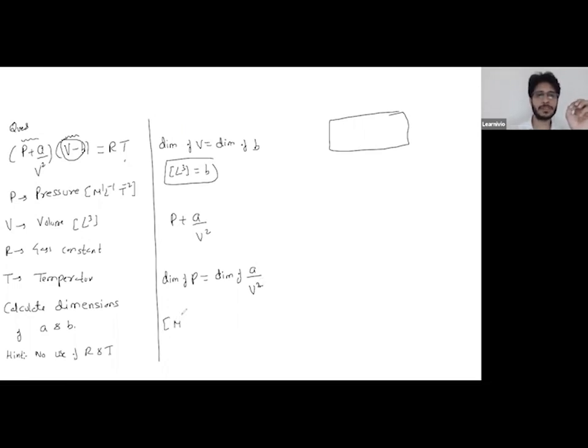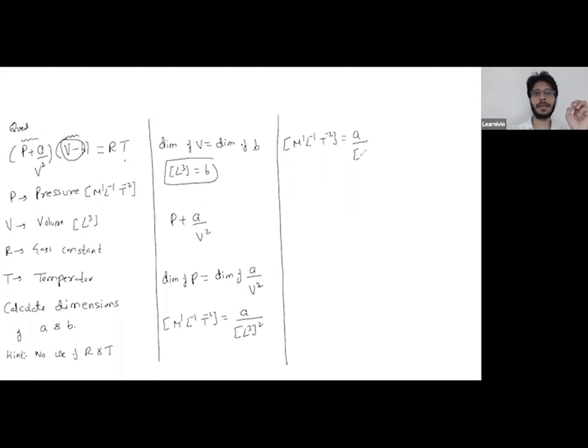Dimension of P is M1 L minus 1 T minus 2. A is A and V is L cube square. So you can write this as M1 L minus 1 T minus 2 equals A by L to the power 6.